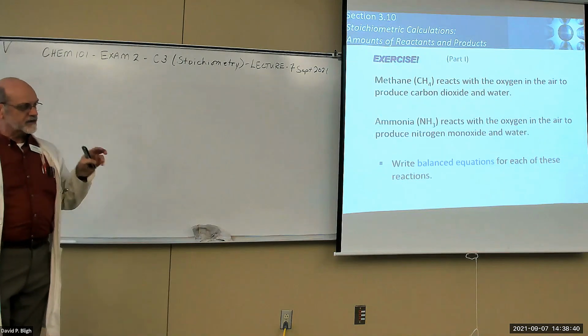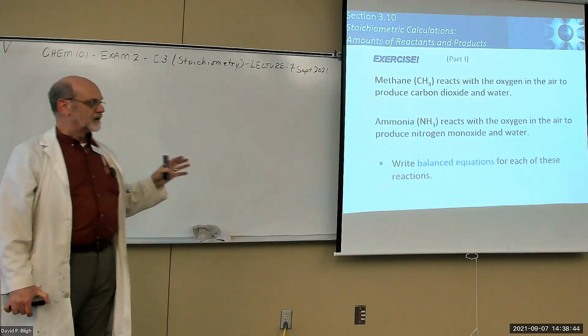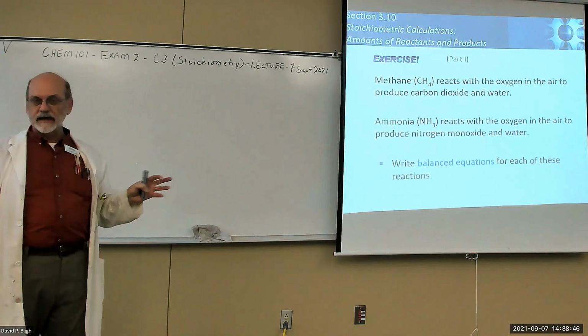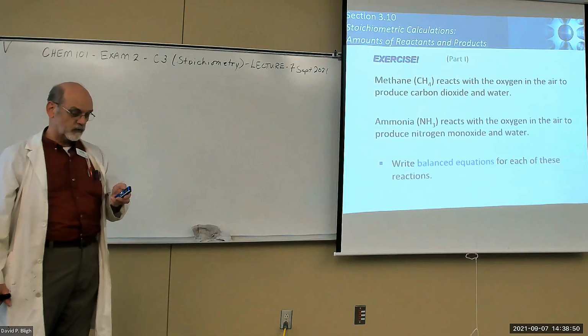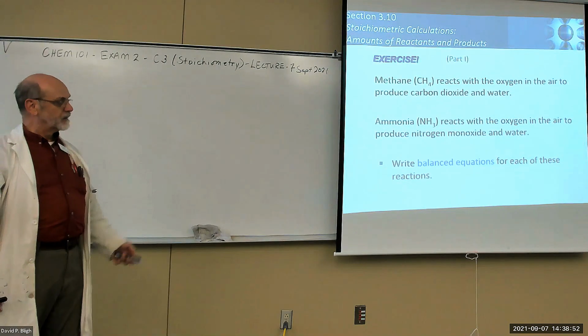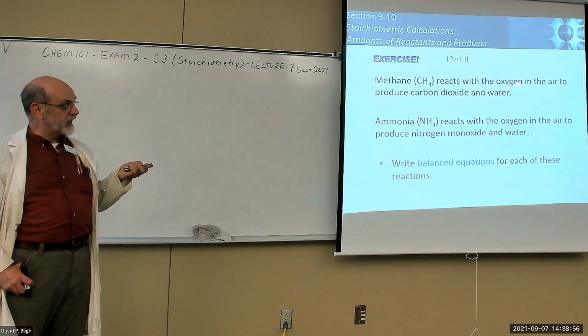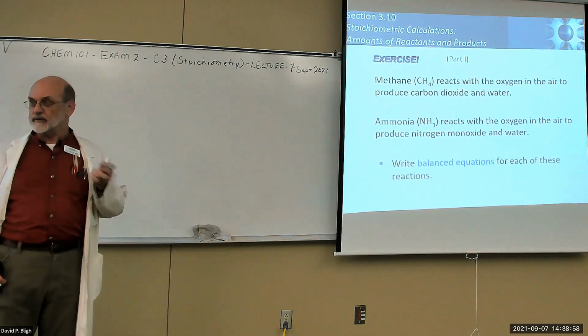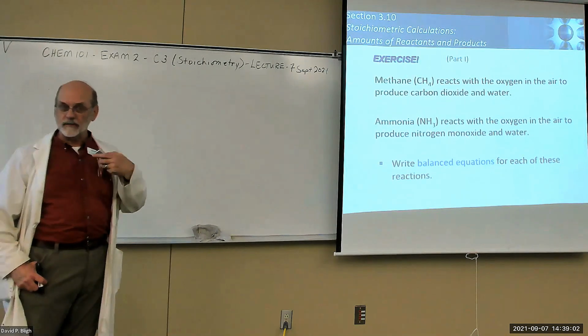We're not going to spend a lot of time on this one because it just takes too long. But it's here, and if you really want a detailed explanation, just look at last semester. I think I did one for that. What we're saying here is that if we react methane with oxygen in air to produce carbon dioxide and water, which means what? A word problem that has to be converted into a balanced equation.